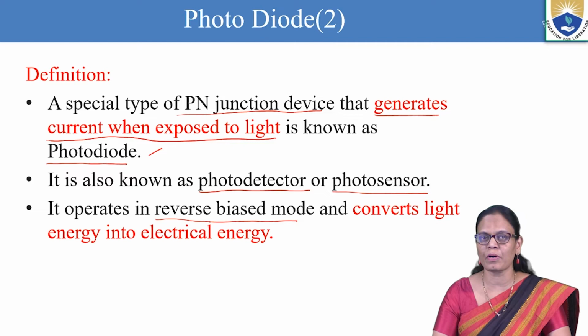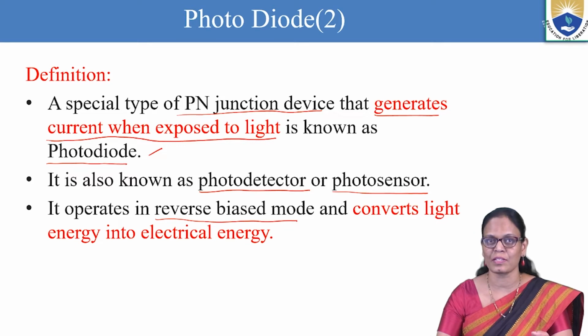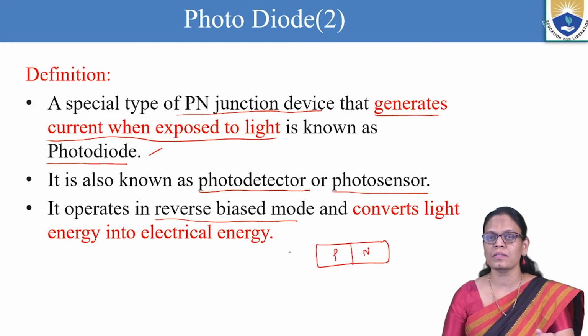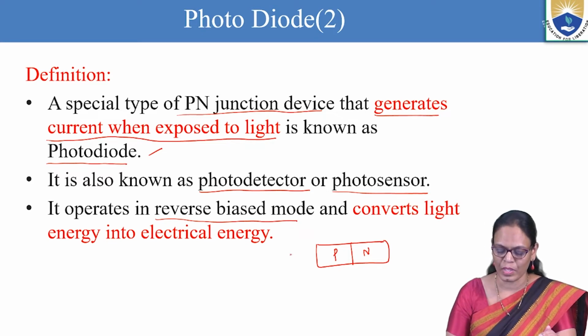When we discussed the PN junction, we discussed both the biasing conditions. A PN junction diode can be connected either in forward bias or in reverse bias. So here, when we are talking about this photodiode, we are connecting it in reverse bias. Reverse bias means what? Take a PN junction diode. I am drawing the simplest of diagrams to understand just the reverse bias.